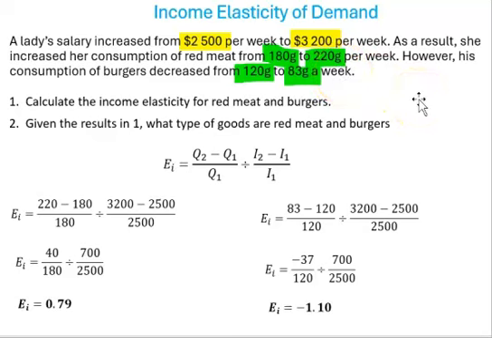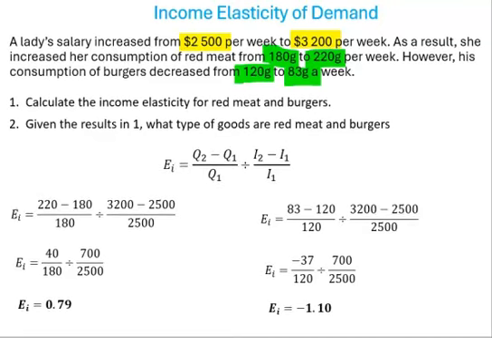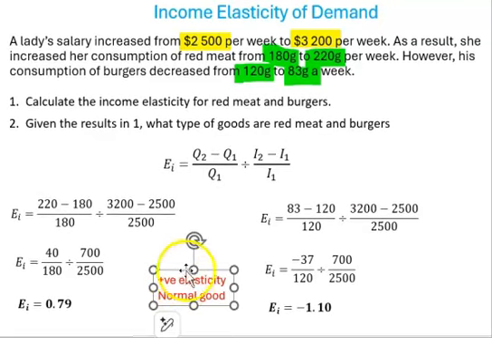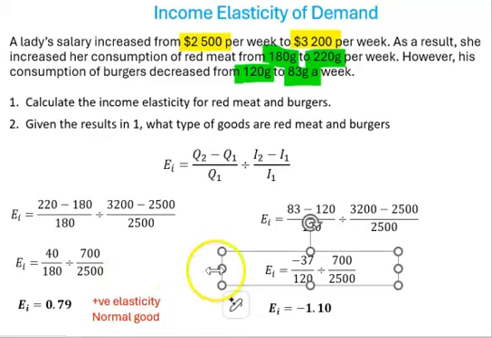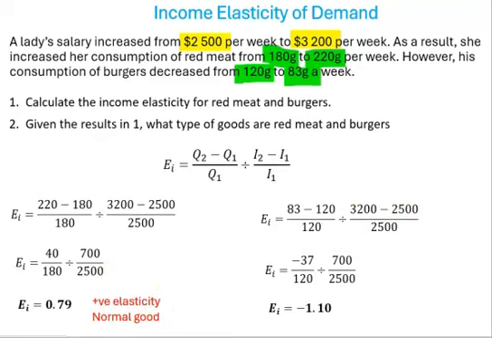That, ladies and gentlemen, already tells us that it is a normal good. It is a normal good because as income increases, quantity demanded increases. When we also look at our answer here of 0.79, it's a positive elasticity. So because our elasticity is positive here, it is a normal good.